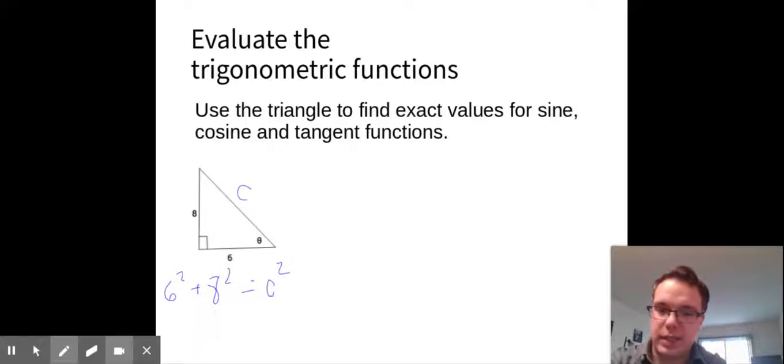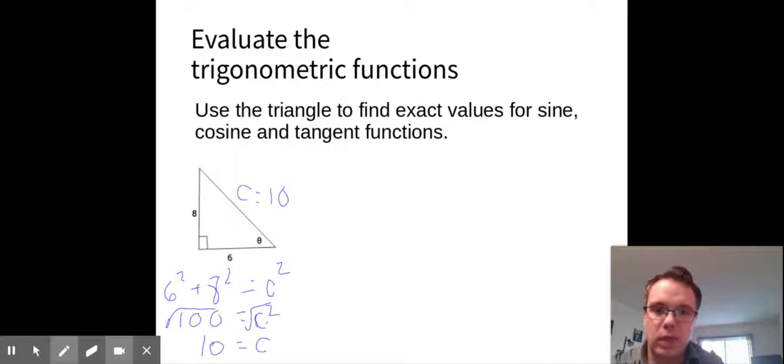So if we take 6 squared plus 8 squared, we get 100. And then in order to find what c is, since c is squared, we can square root both sides and take the positive answer because it wouldn't make sense to have a negative side length. So in this case, we are going to have a c of 10.